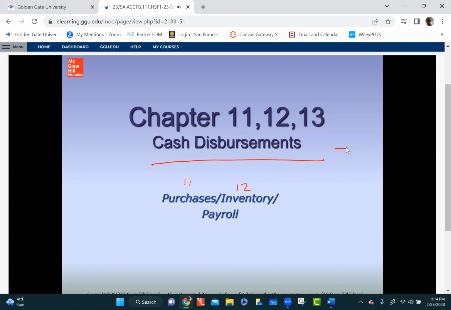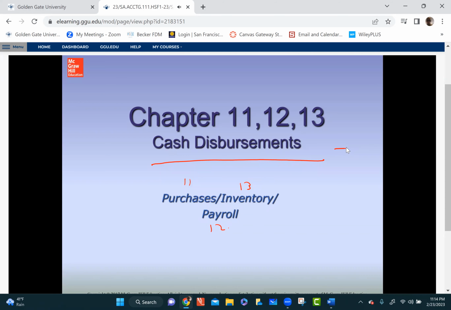So I think it's okay to talk about purchases and inventory together. And of course, cash disbursements come up in the context of payroll. I forget now if maybe chapter 13 is inventory and 12 is payroll. Don't hold me to that, something like that. But these three chapters cover these areas. We're going to look at them all together, and we're going to see that it's not a whole heck of a lot of stuff that we're having to look at.